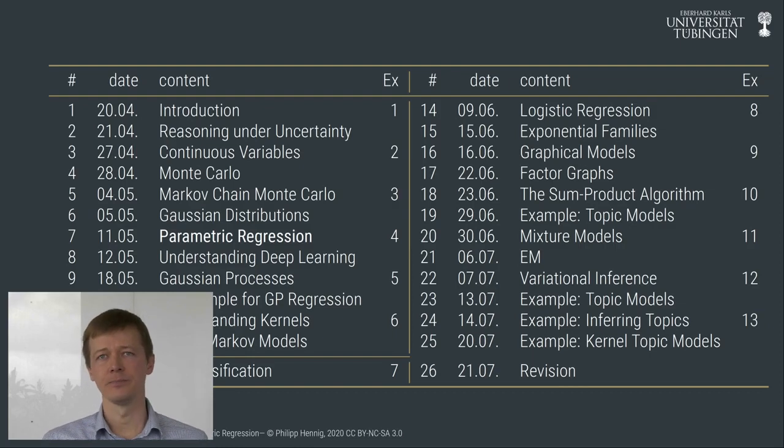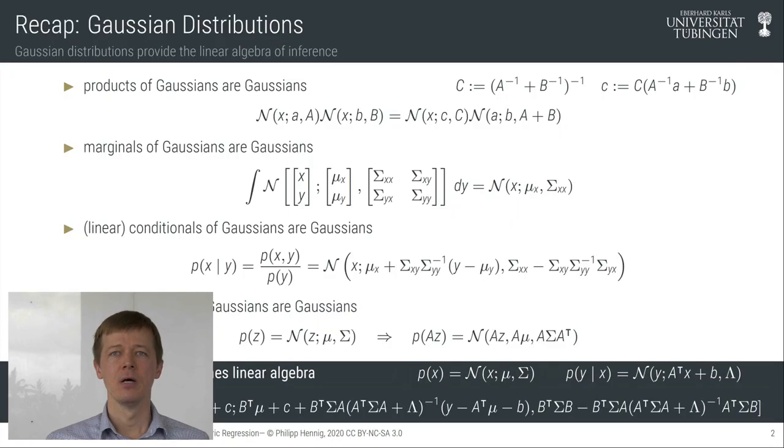In the last lecture, the most recent one, I introduced another crucial tool for probabilistic inference, which is given by Gaussian distributions. Gaussian distributions, as we saw back then, map probabilistic inference onto linear algebra. And linear algebra is something that computers are good at, so therefore they're going to be a beautiful tool to use.